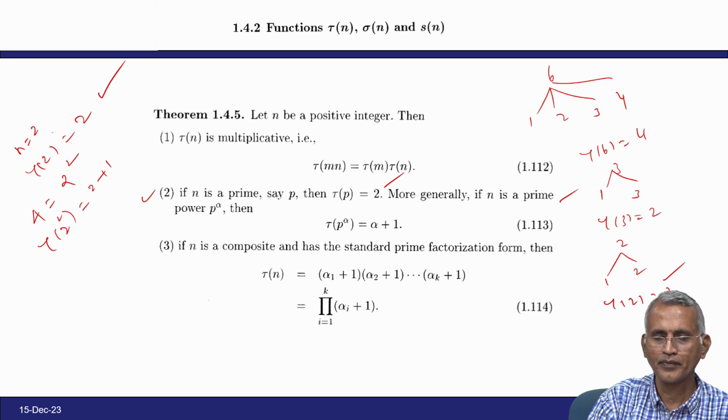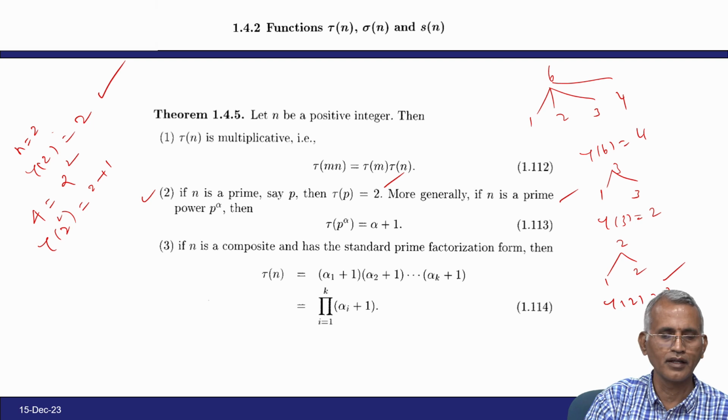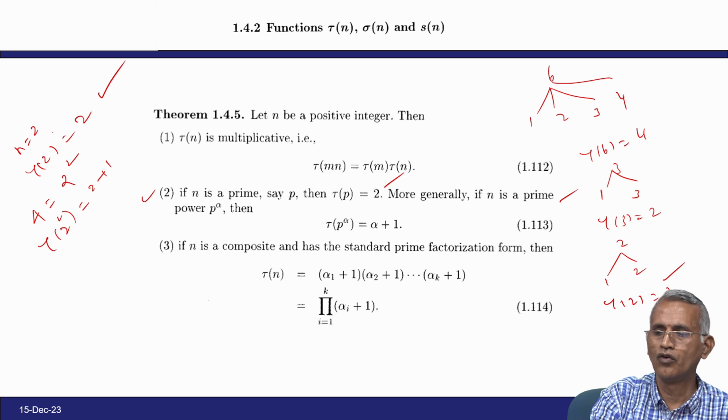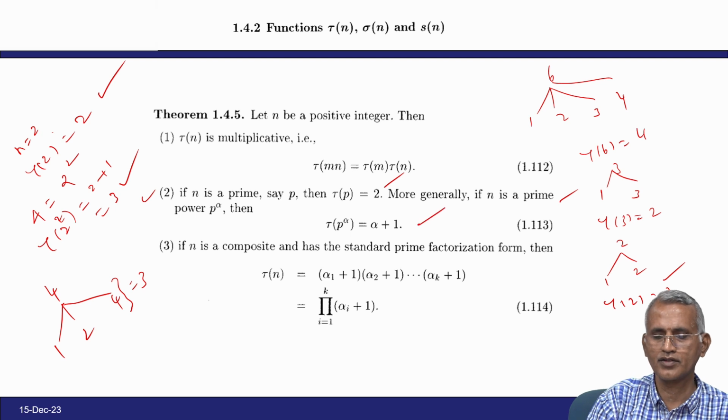Now 2 square is 4, so we have tau of 4. For 4 you take 1, 2, 4, the total number is 3, therefore tau of 2 square is also 3, so it works, beautifully it works.